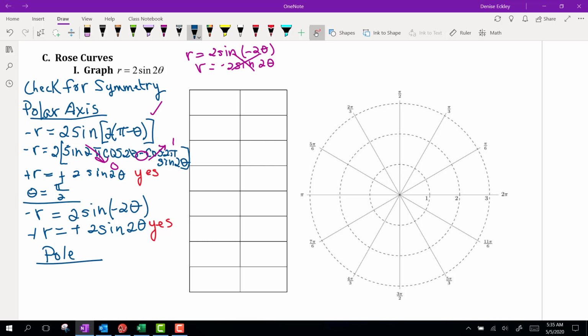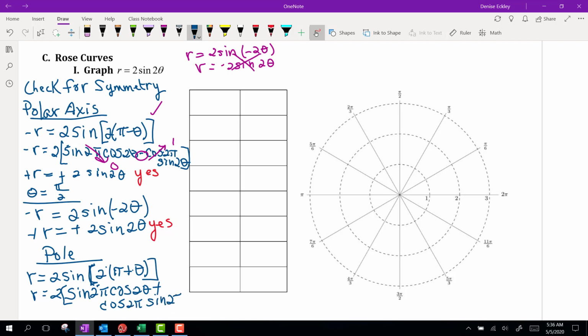So I'm going to put in that r equals 2 sine, and then a bracket, 2 times pi plus theta, and I get 2 and then sine of 2 pi cosine 2 theta plus cosine 2 pi sine 2 theta.